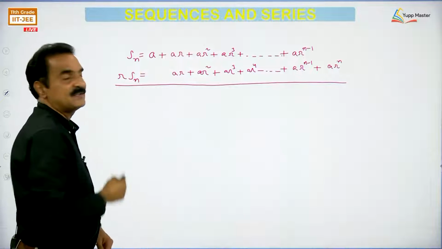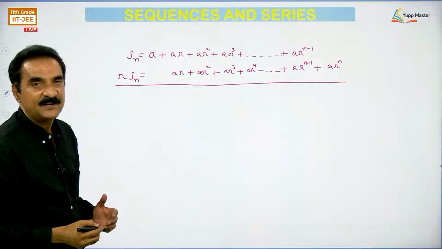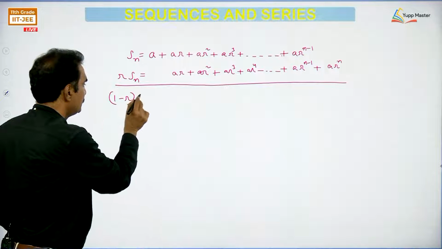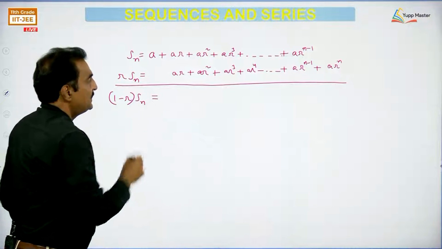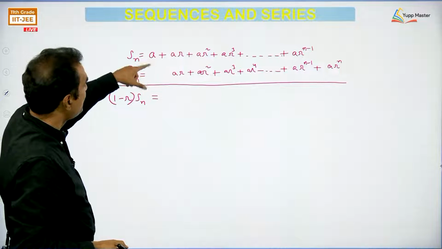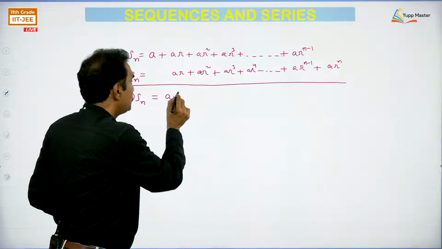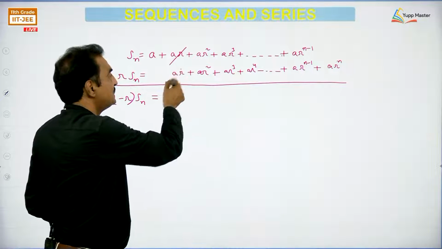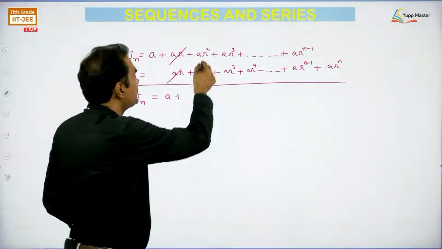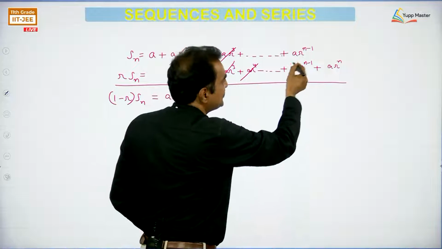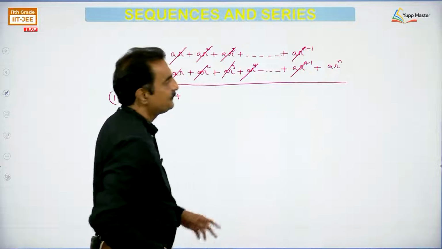This minus this is 1 minus R into Sn, is equal to, when you subtract, A minus nothing, so it is A, plus AR minus AR cancel, AR square also cancels, AR cube cancels, AR power 4 cancels, and so on.